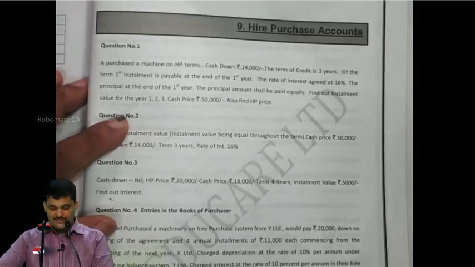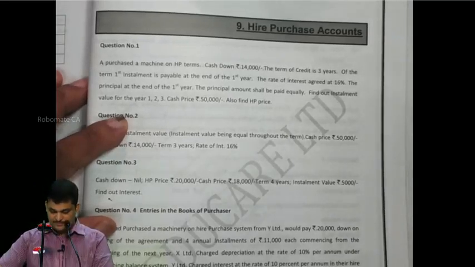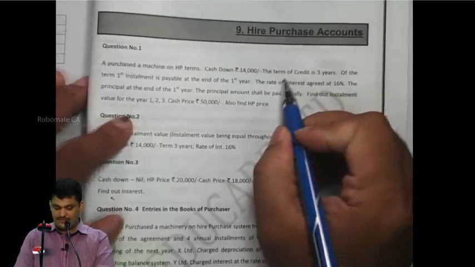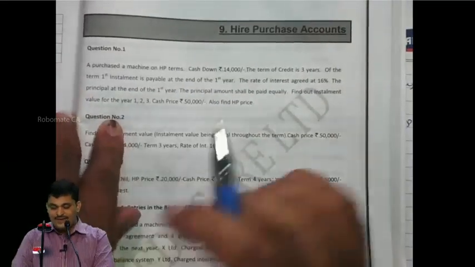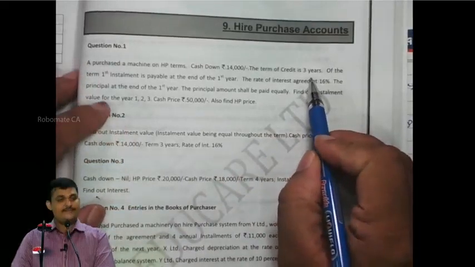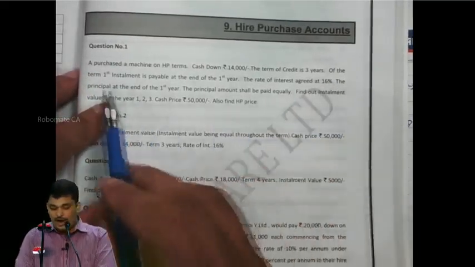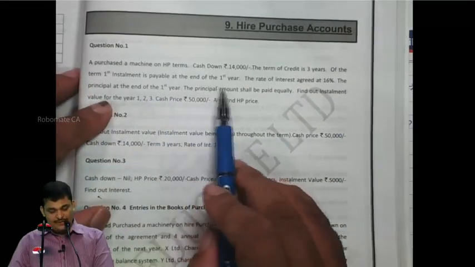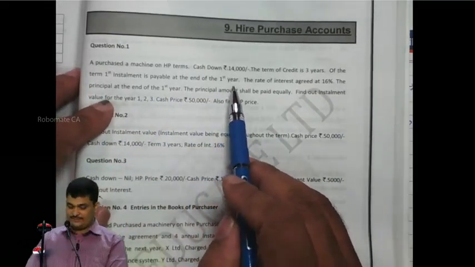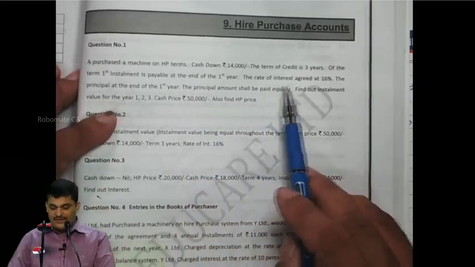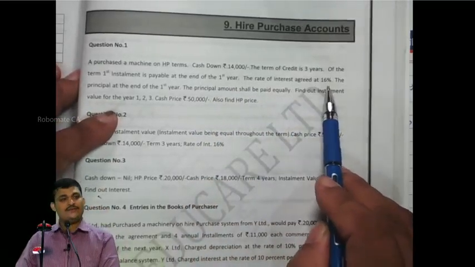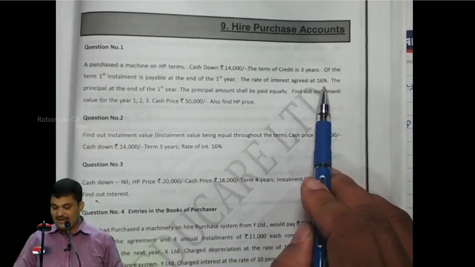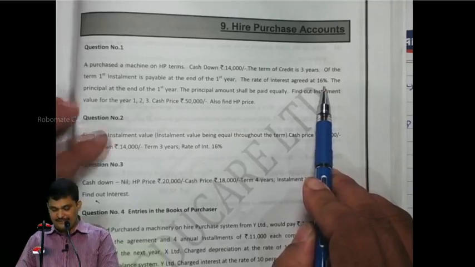A purchased a machine on higher purchase terms. Cash down being rupees 14,000. The term of credit is 3 years. The first installment is payable at the end of the first year. The rate of interest is agreed at 16%.